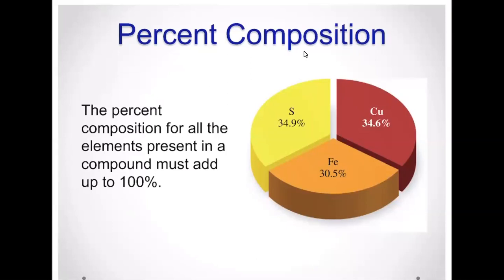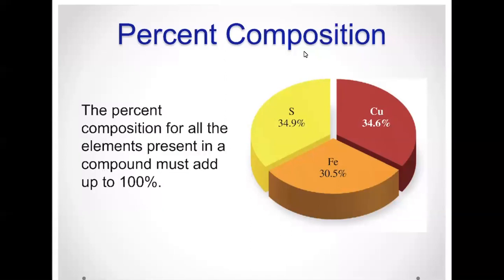Like I just said, this mineral is only composed of these 3 elements. I don't know how it is listed, but it looks like there should be 1 copper, 1 iron, and 2 sulfurs in this. But those are their percent compositions.